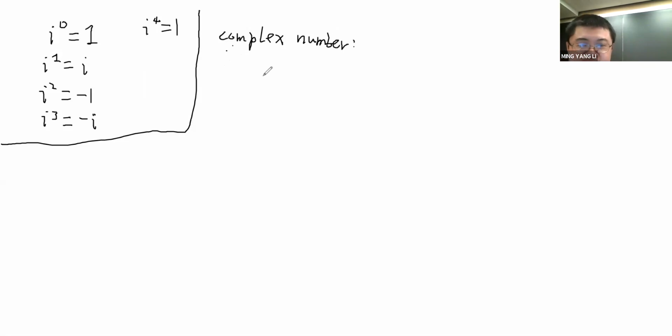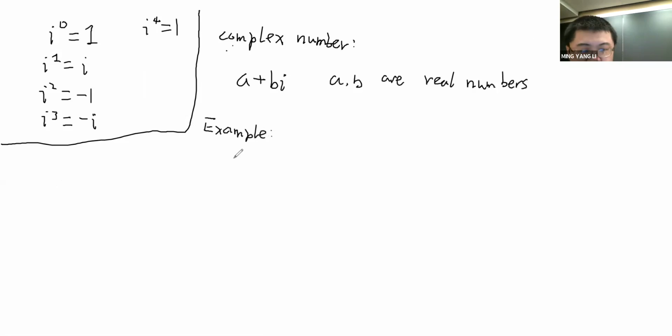A complex number is just something that looks like a plus bi, where a, b are real numbers. So for example, a complex number can look like 2 plus 3i.